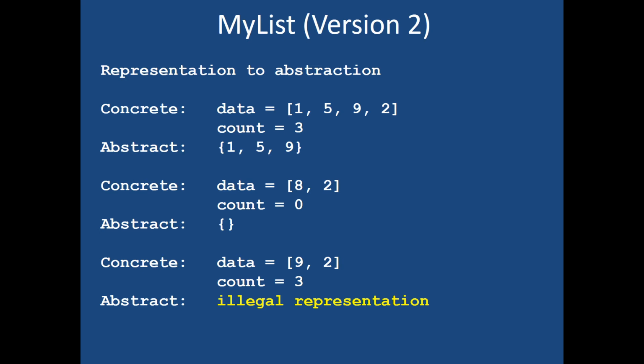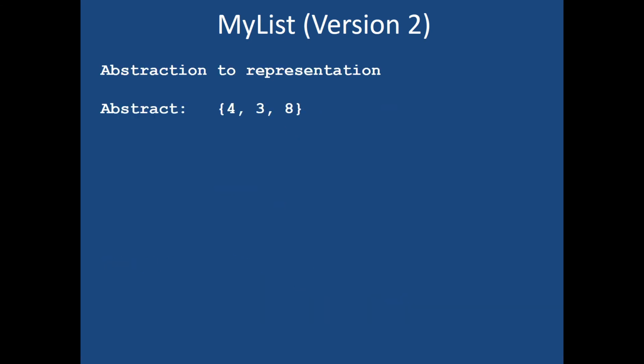So that's an illegal representation. Now let's go the other way. Suppose that's the list 4, 3, 8. If you have a list that contains 4, 3, and 8, and you look inside it at the instance variables, what are you going to see? What will the value of count be? 3. What will the array be?